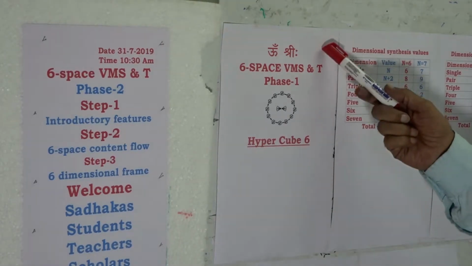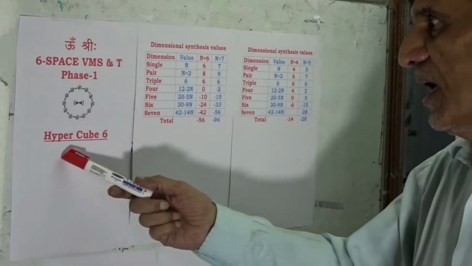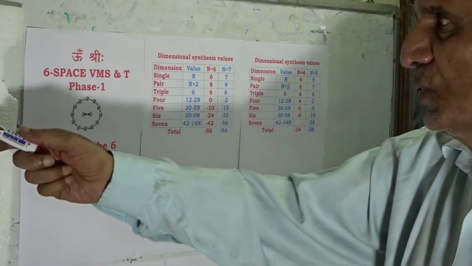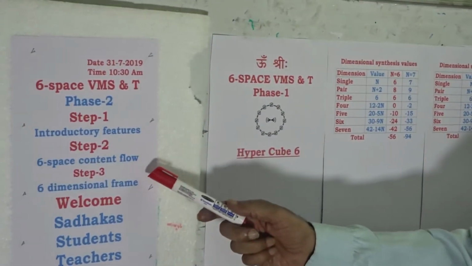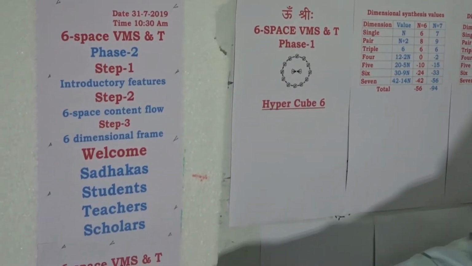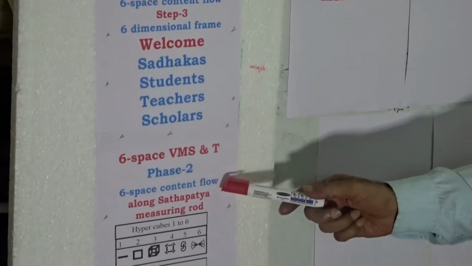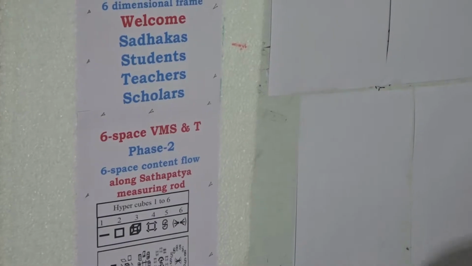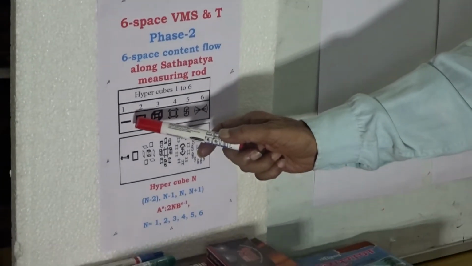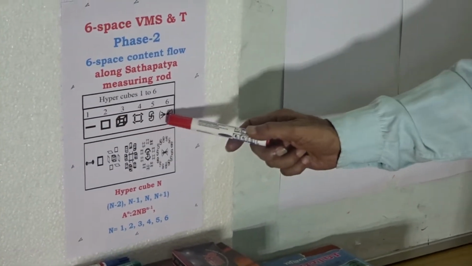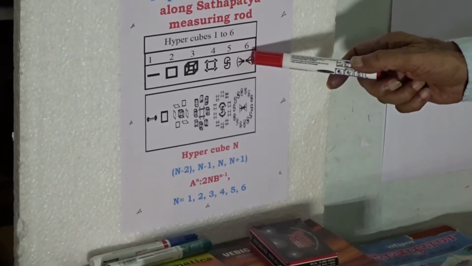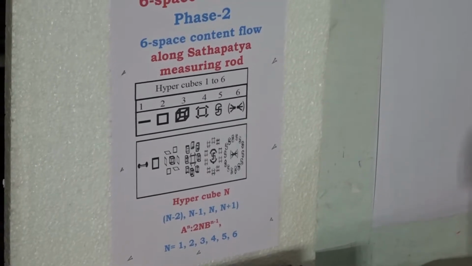Phase 1 has been focusing upon Hypercube 6 format, and in Phase 2 we are essentially focusing upon 6-space content flow along Sthapatya miring rod. Sthapatya miring rod is a synthetic setup of hypercubes 1 to 6, the representative regular bodies of 1 to 6 space.